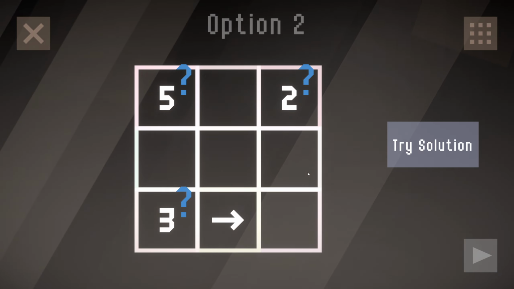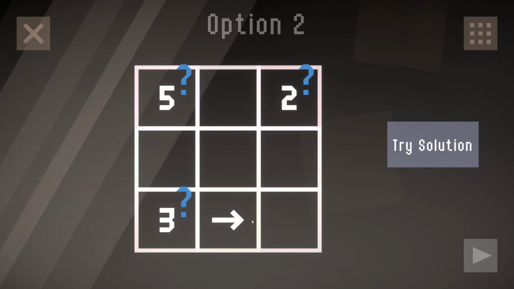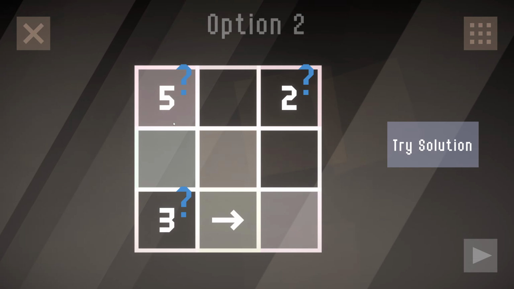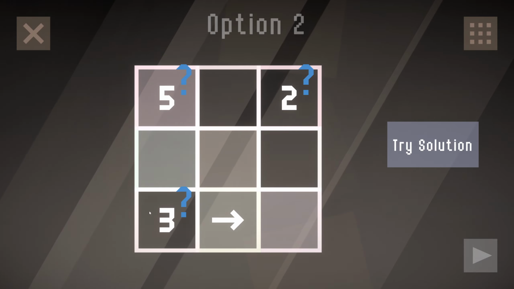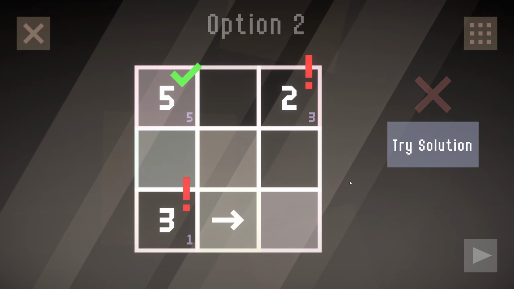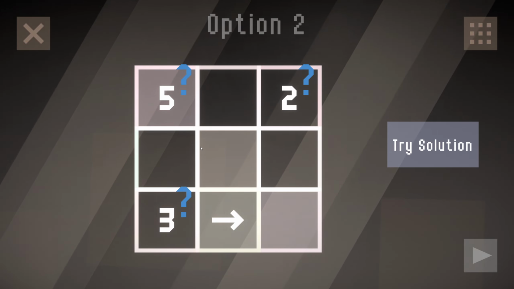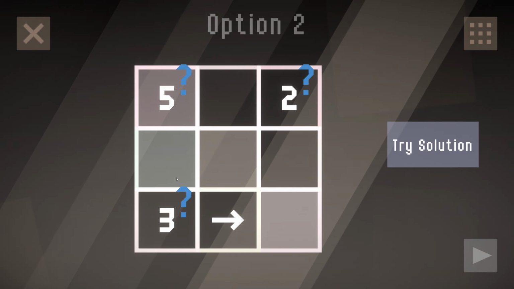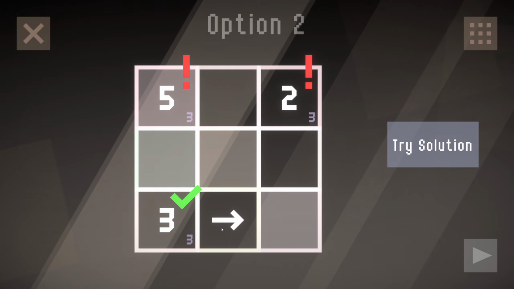Surely. Don't call me surely. So this is counting this zone. This is going to be 1, right? It is. This is 3 because it's 1, 2, and a third.